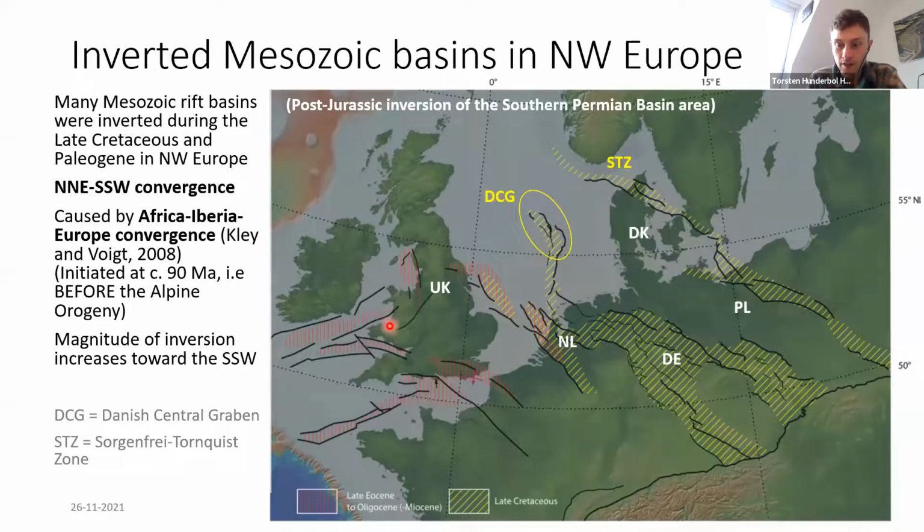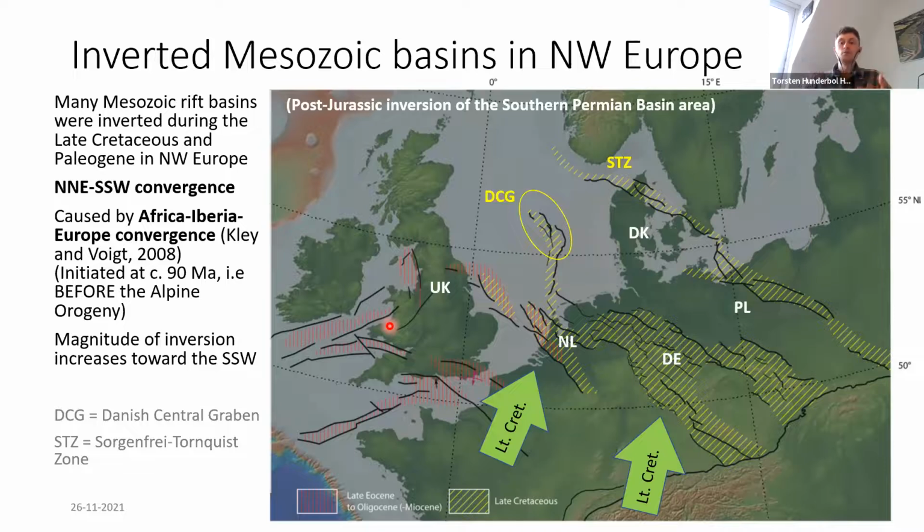And you'll see here that this corresponds to the orientation of these fault-bound inverted basins. It makes very good sense that they would invert during a north-northeast directed shortening, as was the case when Africa, Iberia, and Europe started to converge around 90 million years ago.